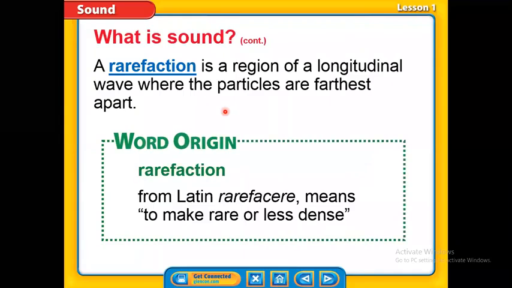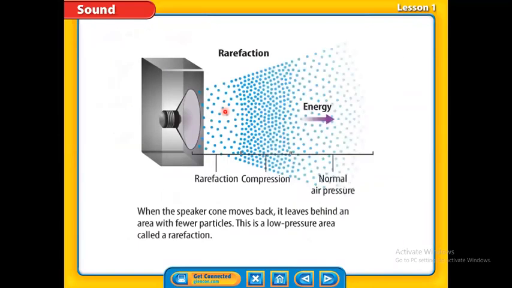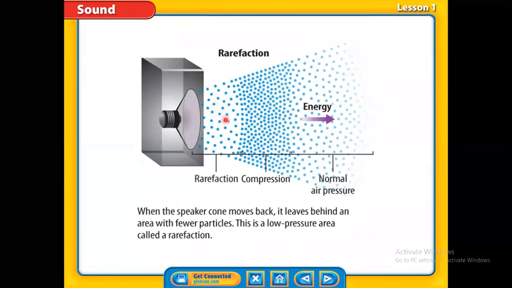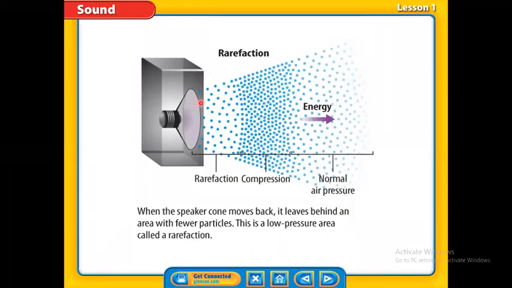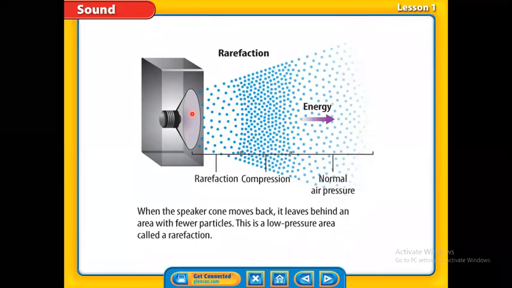But in the next picture, as you can see, the speaker cone moves back, causing the particles to have less pressure, and now they have spaces between them. So now we have rarefaction, where the particles are away from each other. Can you see how the type of vibration affects the wave itself? The speaker here moves back and forth, causing compressions and rarefactions. Not like in the transverse wave where the particles were moving up and down.